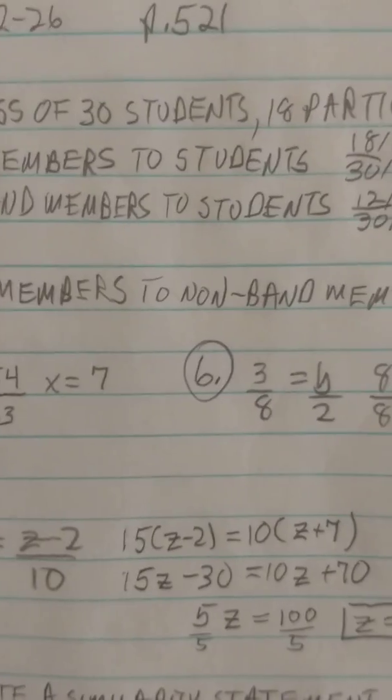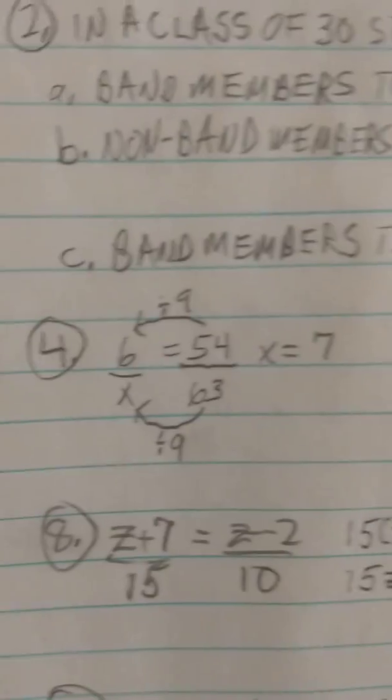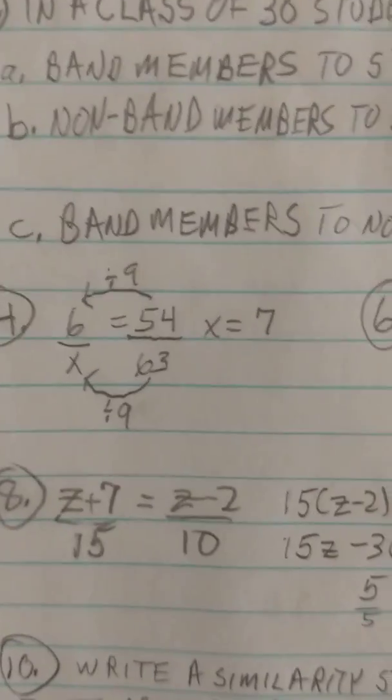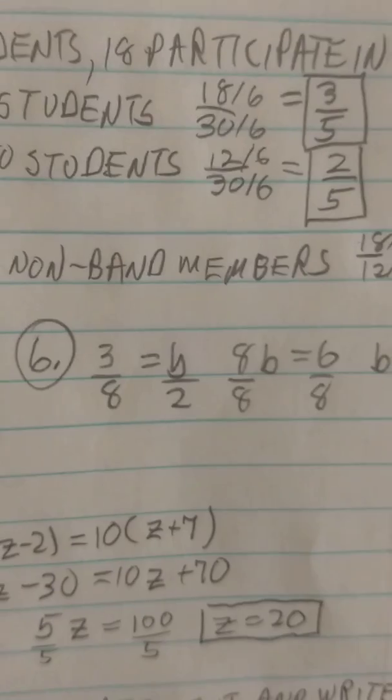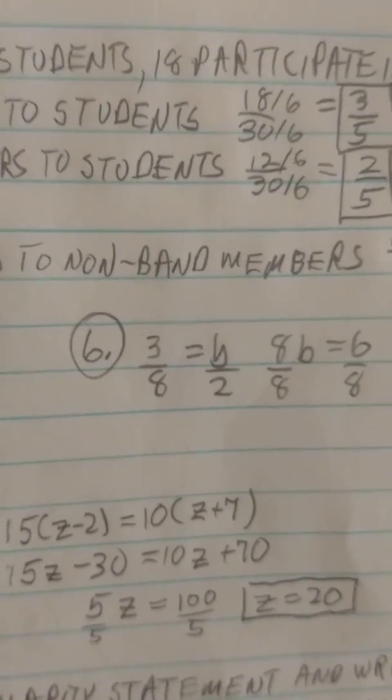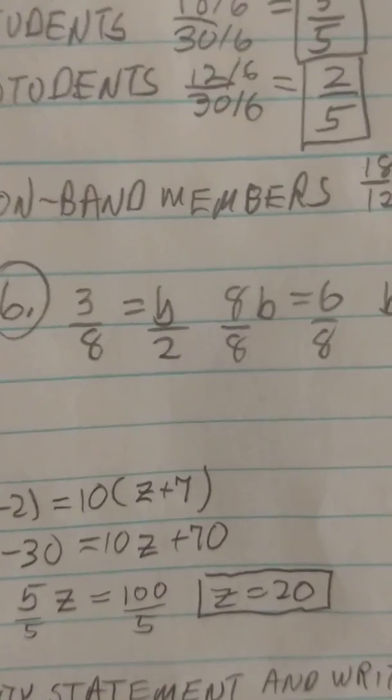In a class of 30 students, 18 participate in the school band, and so now we want to get certain fractions. Band members to students would be 18 band students to 30 total. Dividing both by 6, we would simplify to 3/5.